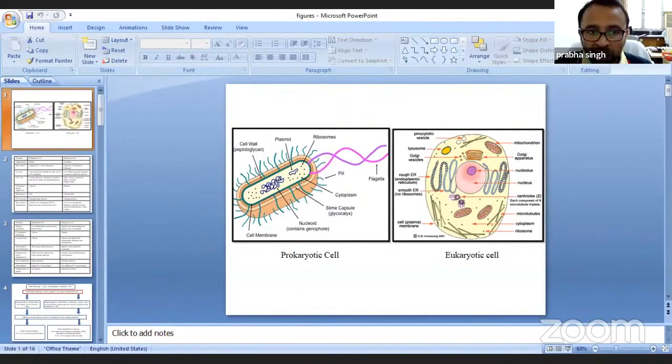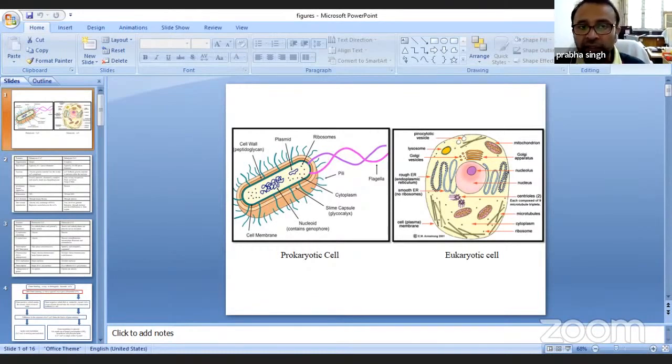Well, in the case of prokaryotic cell, you will not find such membrane bound organelles, which makes it simple in organization. While in the case of eukaryotic cell, we have single membrane bound organelles as well as double membrane bound organelles. Okay.